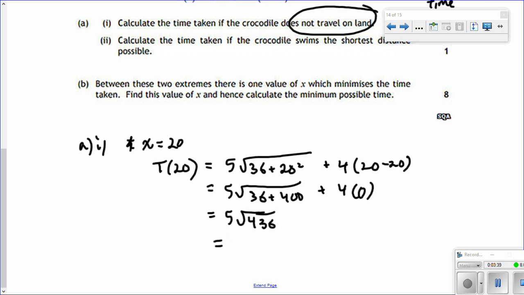I have my calculation to be 104.4. Since that's tenths of a second, it's actually 10.4 seconds. So when it swims the whole time, it takes 10.44 seconds.